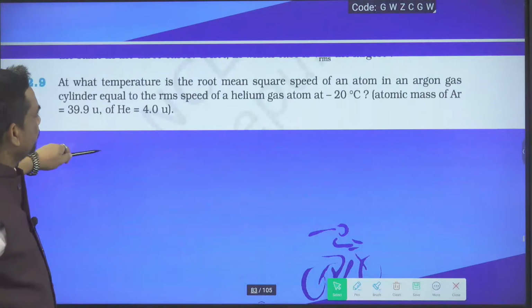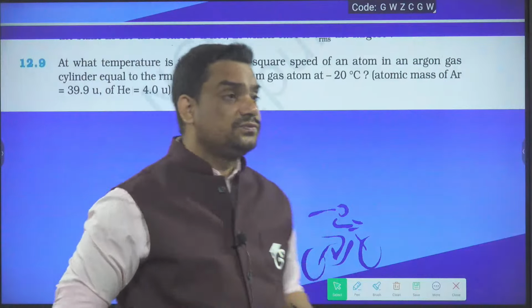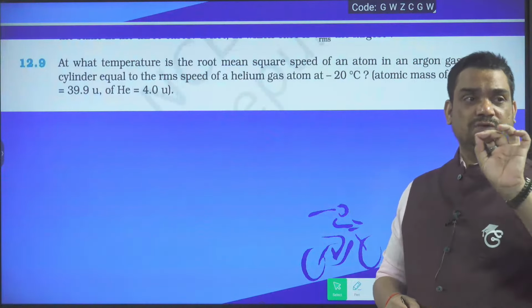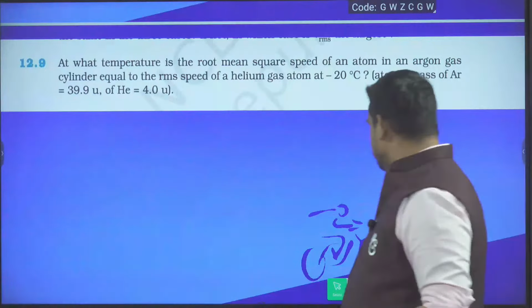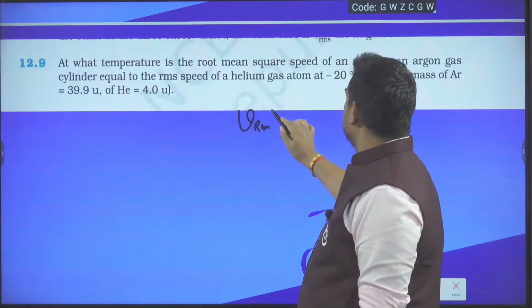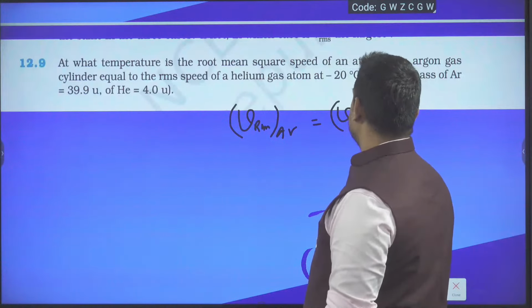This one. At what temperature is the RMS speed of atom in the argon gas equal to RMS speed of helium gas? Okay, so we can see here V RMS of Ar is basically equal to V RMS of helium.